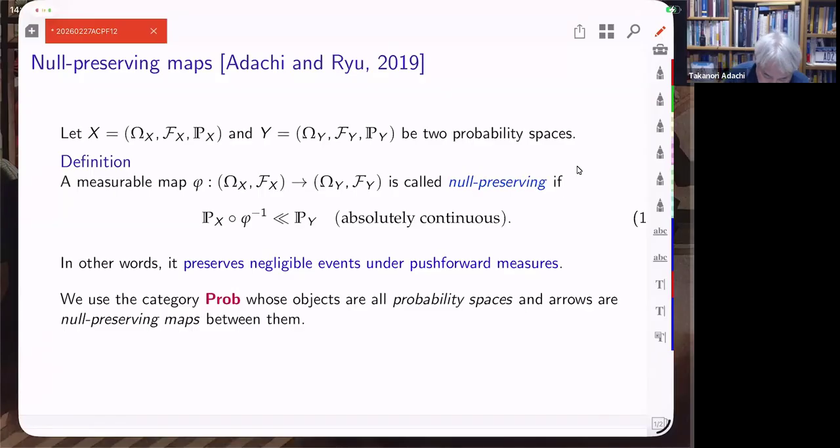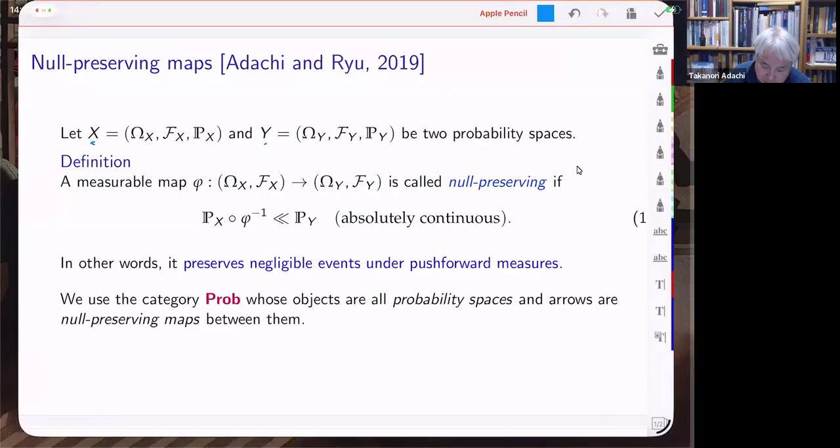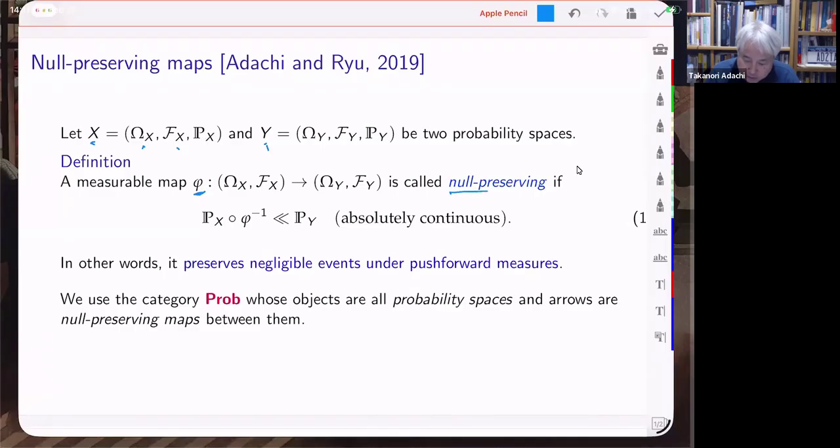So I will explain that. Let X and Y be two probability spaces, where Omega is of course the underlying set, F_X is a sigma field, and P_X is a probability measure whose domain is F_X. Similarly for Y. We use this notation throughout today's talk. We have a measurable map phi, and phi is called null preserving if this equation holds.